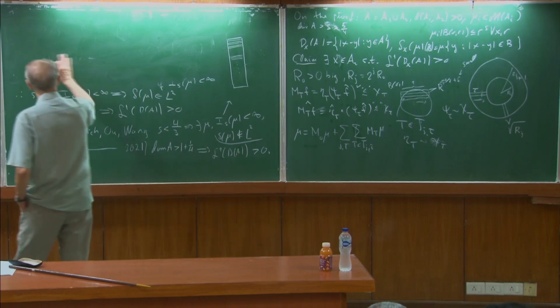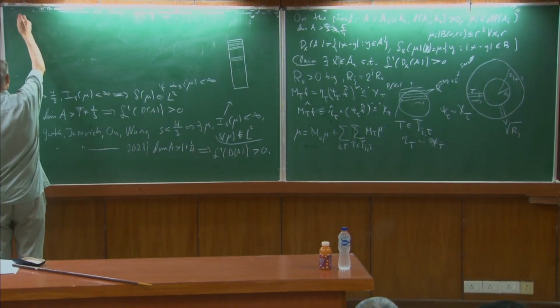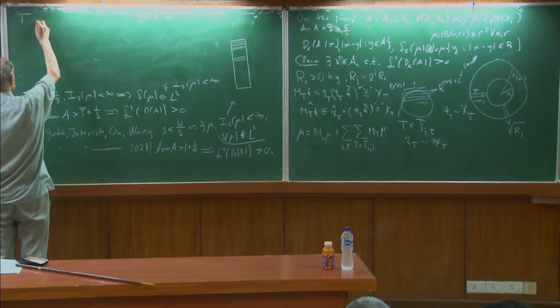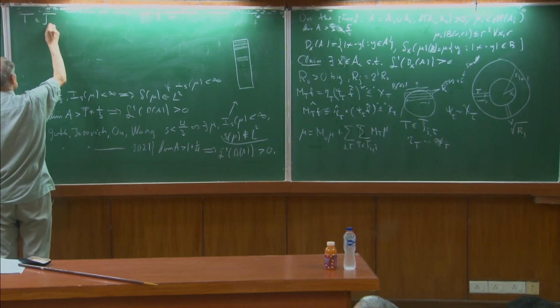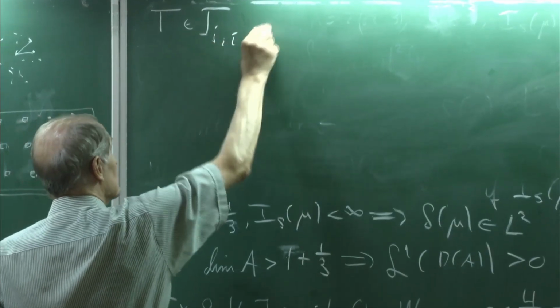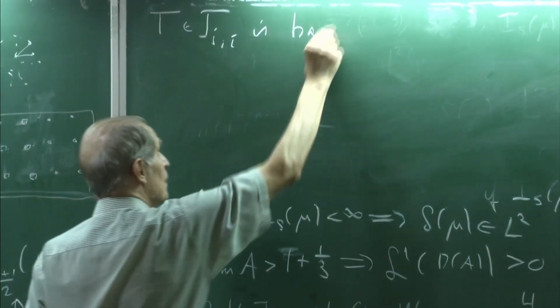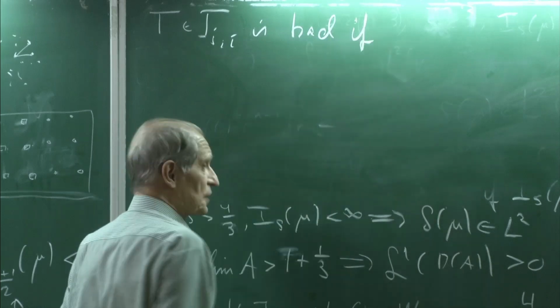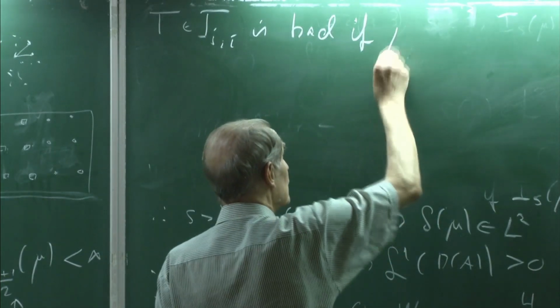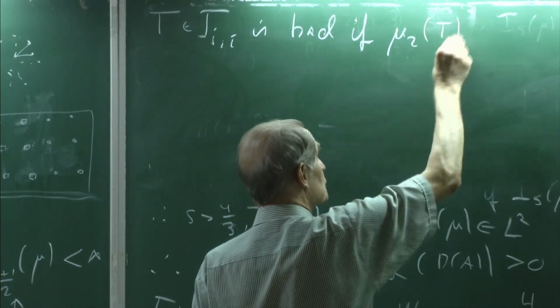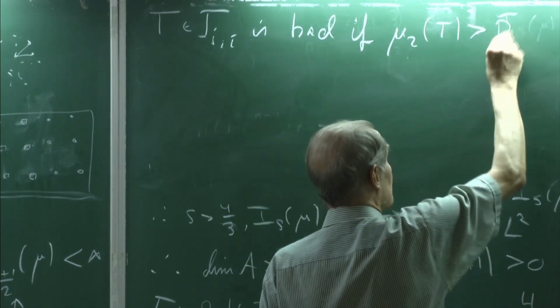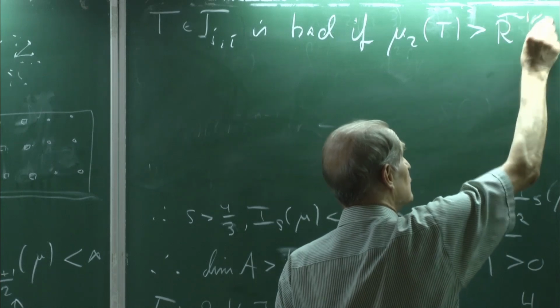And the parts that should be removed: we say that one of those t's, which is there in d_j tau, is bad if it has too much mu2 measure. Mu2 is bigger than r to the minus half.